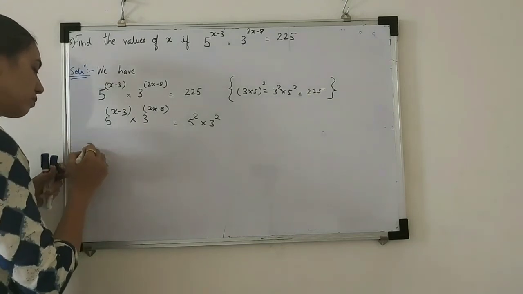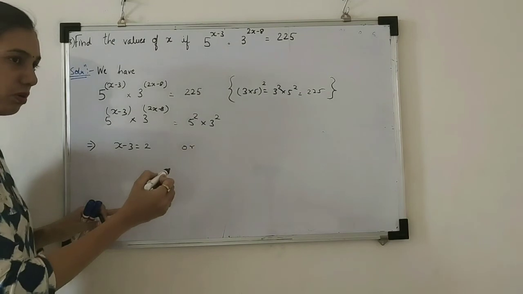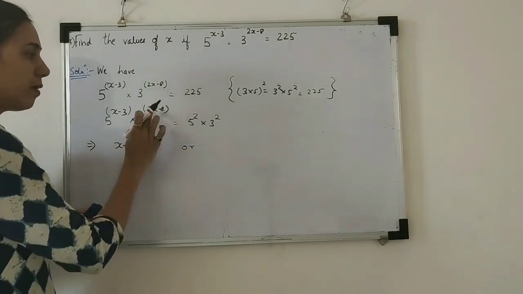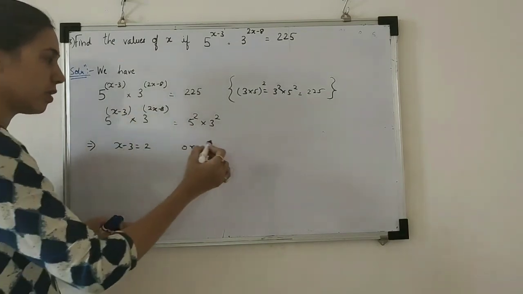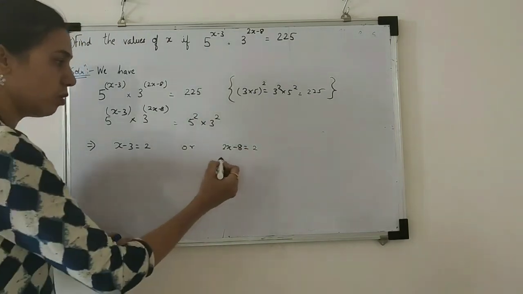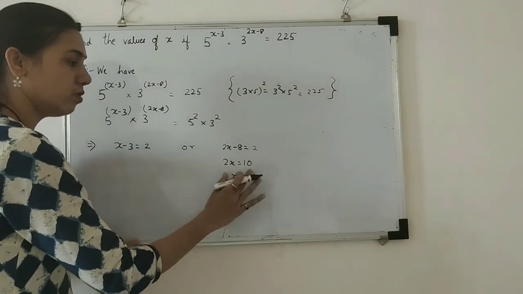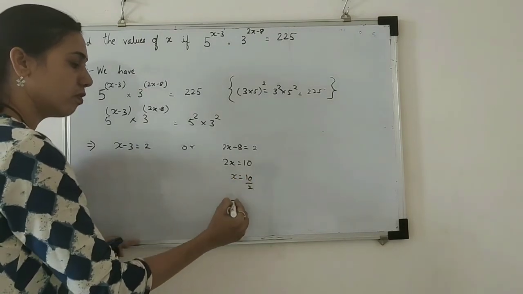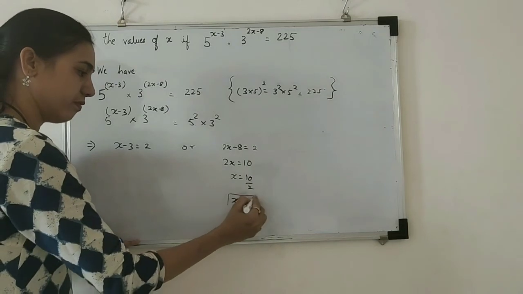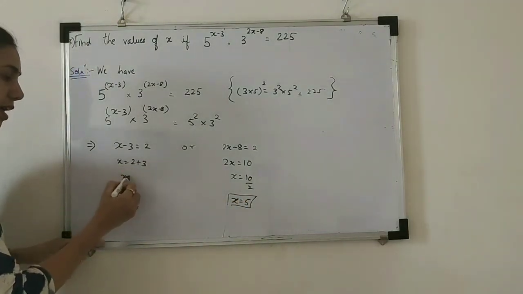So it means x minus 3 is equal to 2. Or 3 to the power 2x minus 8 should be equal to 3 square. So it means 2x minus 8 is equal to 2. Which implies 2x is equal to 10, x is equal to 10 by 2, x is equal to 5. Or x is equal to 2 plus 3, x is equal to 5.